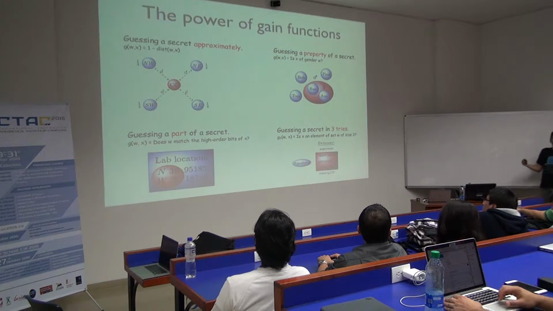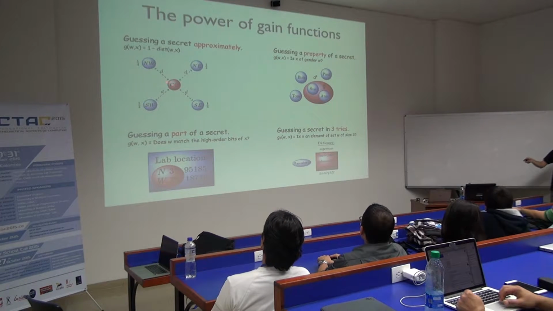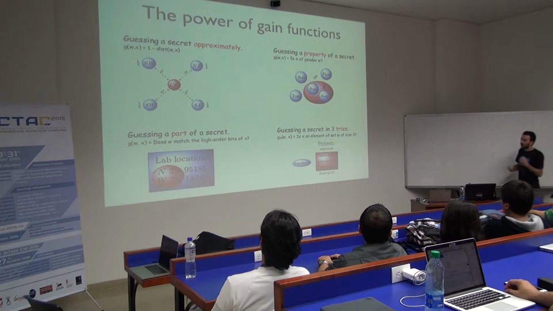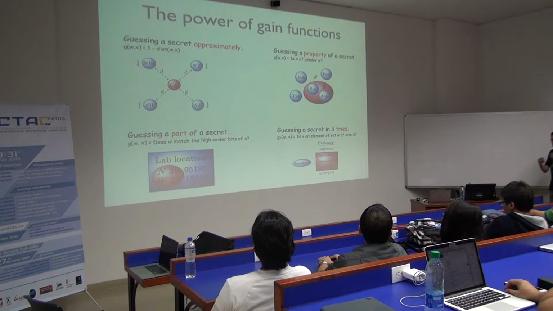Since he doesn't have enough information, if I guess one of these locations, then on average I will be farther away from the real answer than if I guess the center. With the center, I never guess correctly, but I never guess too far away either. While if I guess a location, sometimes I will guess correctly, but sometimes I will be very far off. So there are interesting situations like that. The guess does not even necessarily need to be a secret. Maybe it's something where you know the user is never there, but it's good enough for you.